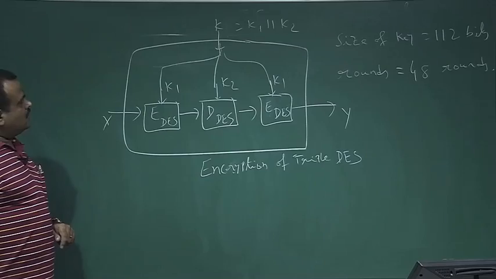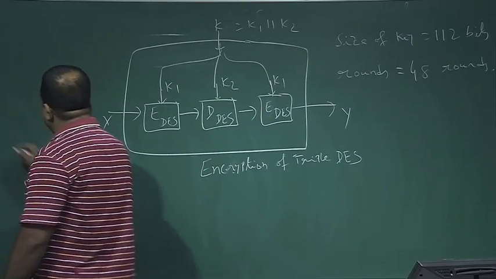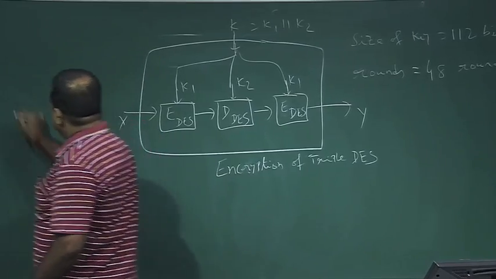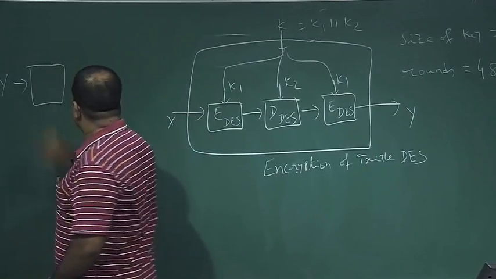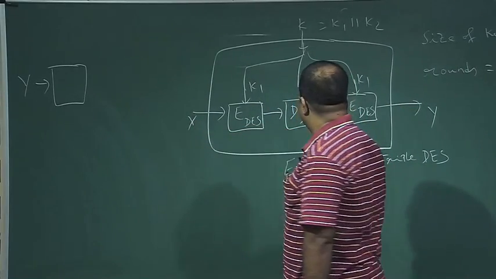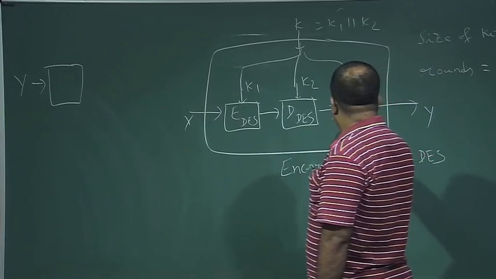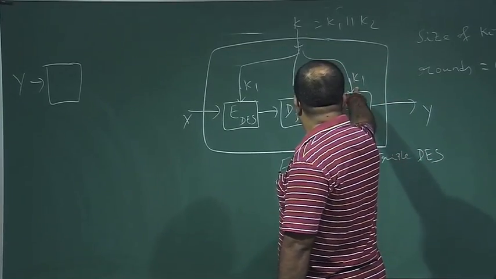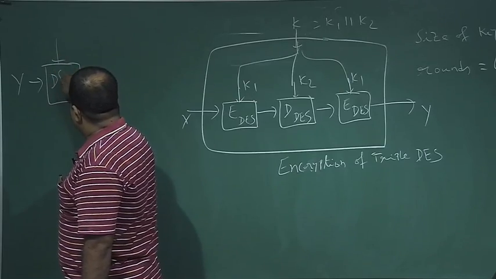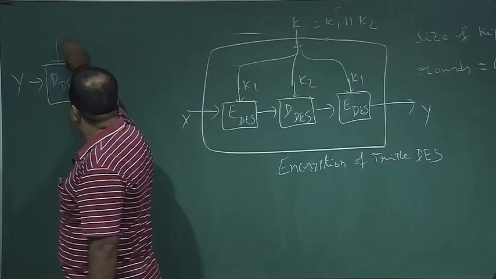Okay. So this is the encryption. So what is the decryption? Decryption is just we have Y as the input. For decryption we have to start from here, we should get back X. So for that we will use the DES decryption using the key K1.